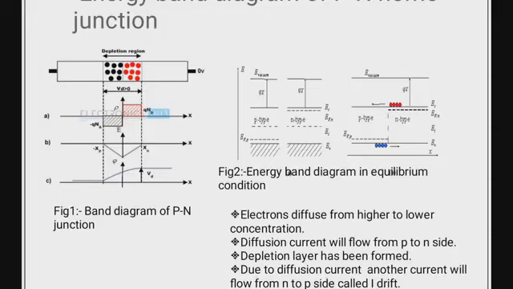So here, after integration, this slope portion is negative because the charge density over here is also negative.